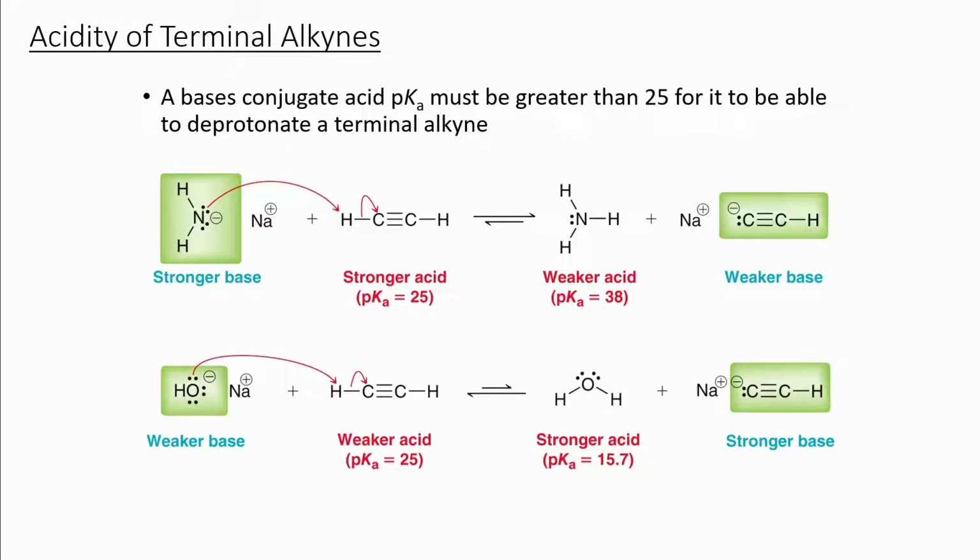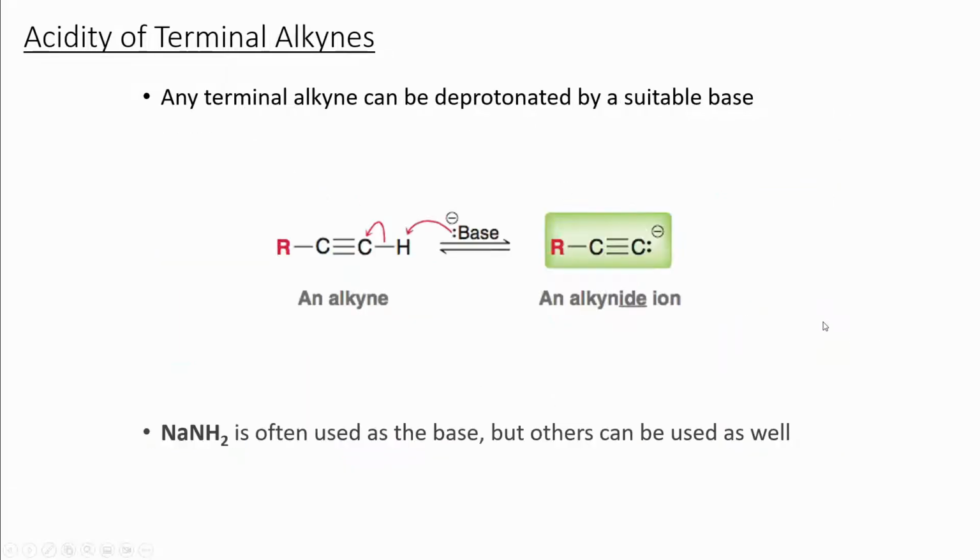In order to deprotonate acetylene, a base's conjugate acid must have a pKa greater than 25. This means we generally are using a strong base to deprotonate acetylene. Any terminal alkyne can be deprotonated by a suitable base, and this will produce an alkynide ion.